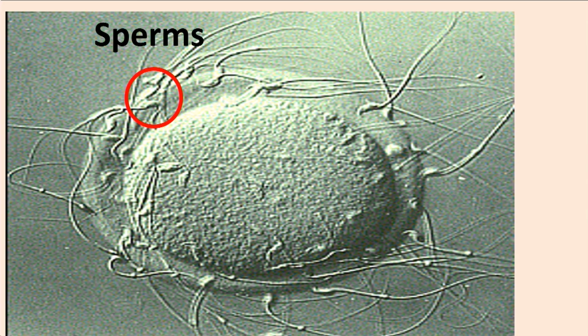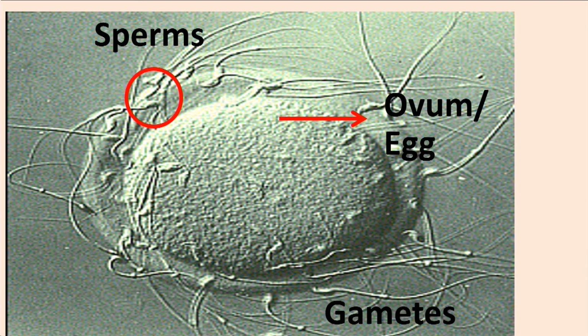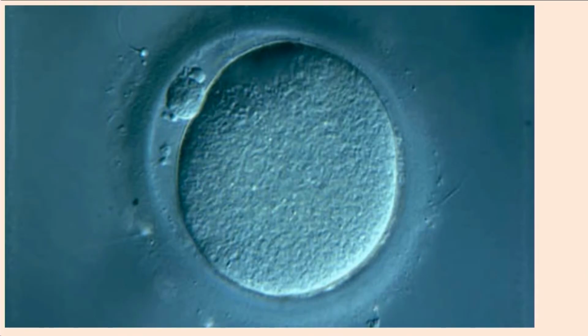You can see in this picture the sperms surrounding the egg or ova. These two are the gametes or sex cells, produced mainly by the hormones. When they fertilize, the further process will take place.